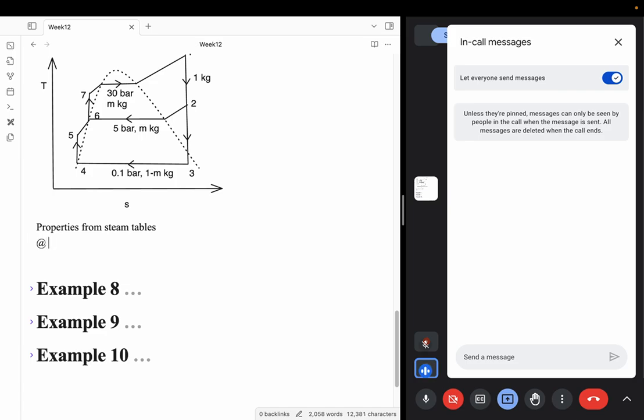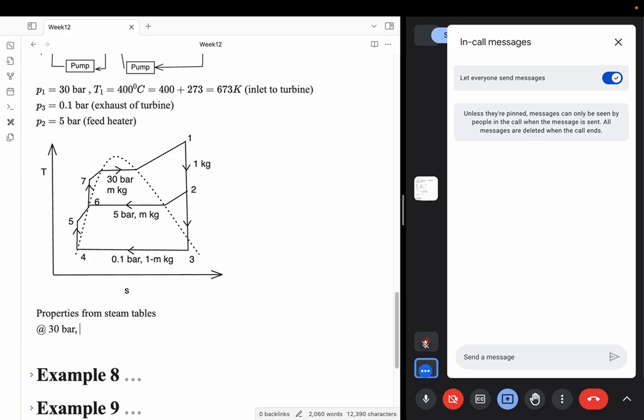So first, we have at 30 bar and 400 Celsius, let's say state 1. If you directly take from the tables, you have H1 as 3230.9 kilojoule per kg. It's the same process that we will be repeating again and again.